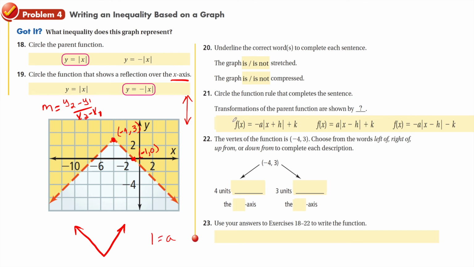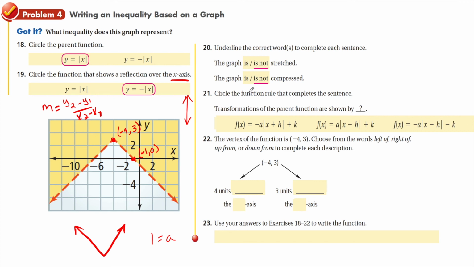And since the slope is 1, our a value is 1. And since our a value is 1, it will not be stretched. And since it's also 1, it's also not going to be considered compressed because we're not multiplying by a number that's greater than 1, not multiplying by a number that's in between 0 and 1.